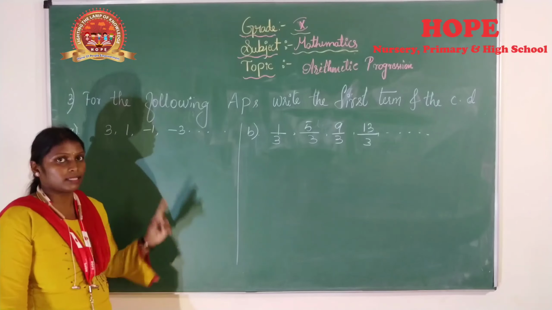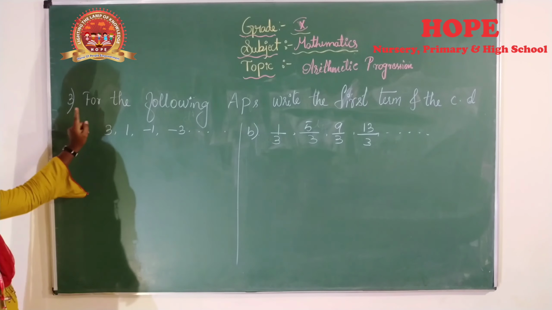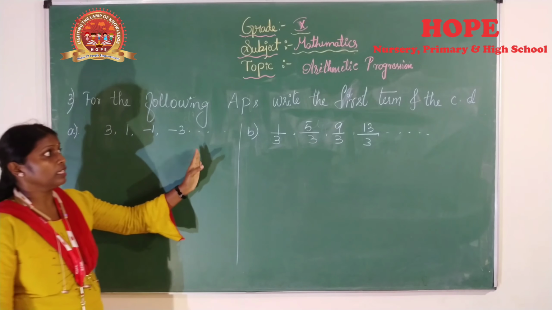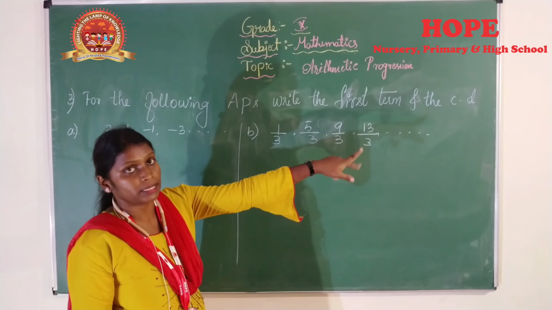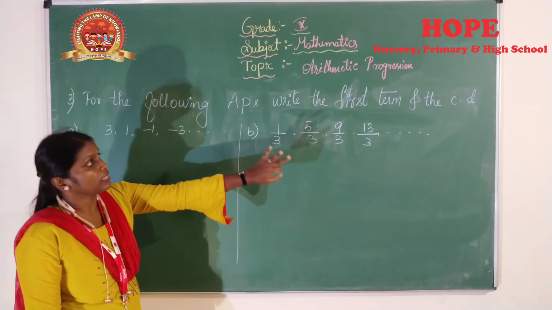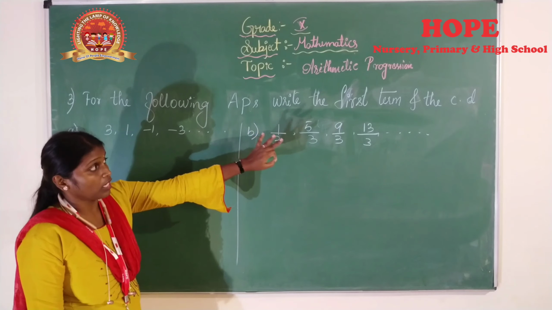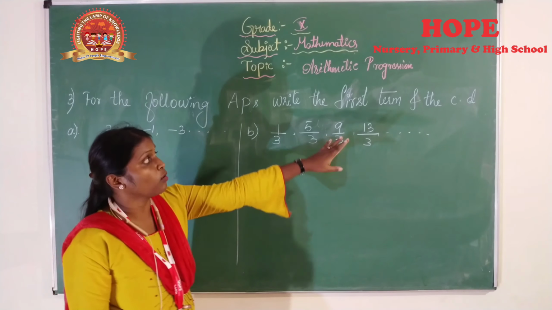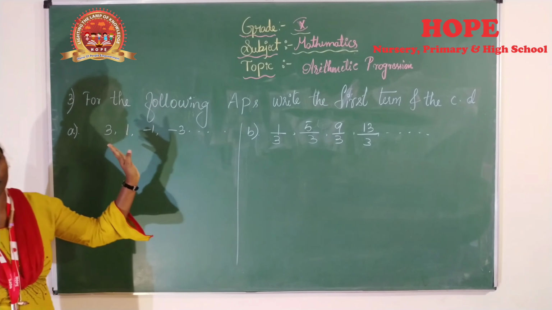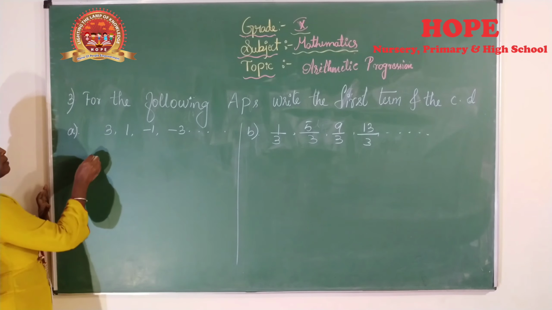In the same exercise, the third question is given as: for the following APs, that is arithmetic progression, write the first term and the CD. CD is nothing but the common difference. You have to find this common difference, and also the first term of the given arithmetic progression in the given series.